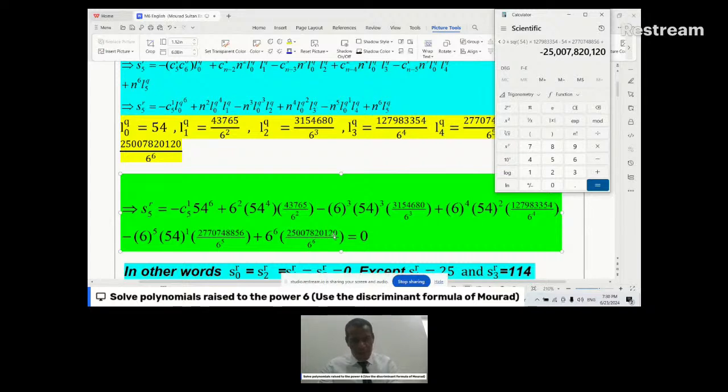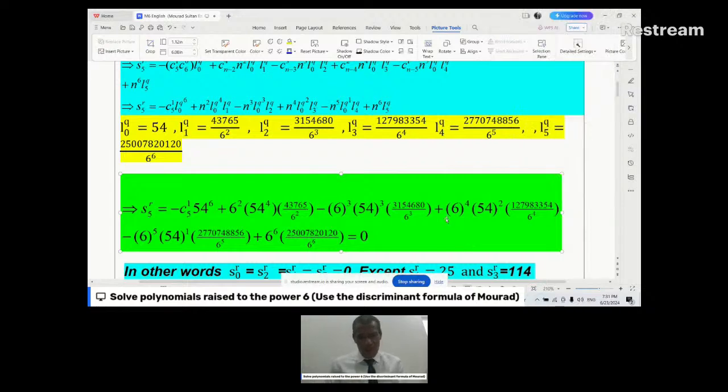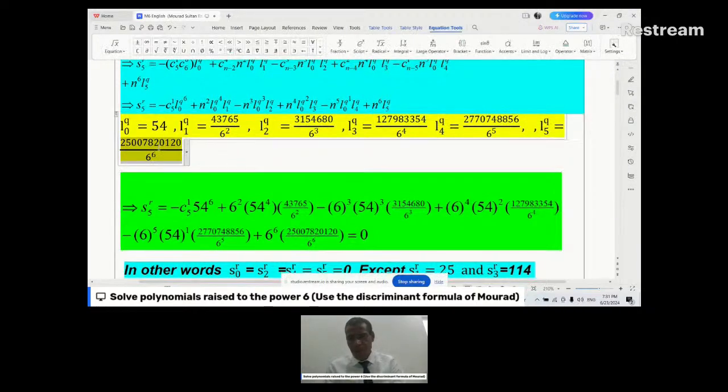I'll write plus on the calculator. This one has to be equal to what, learners? Equal to 0.